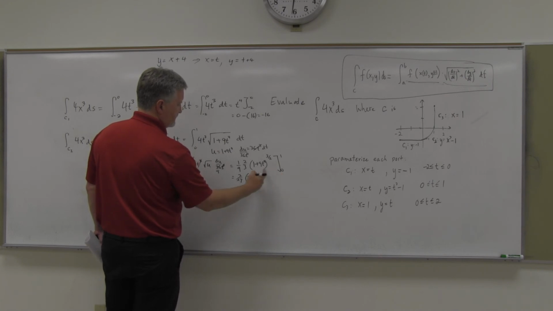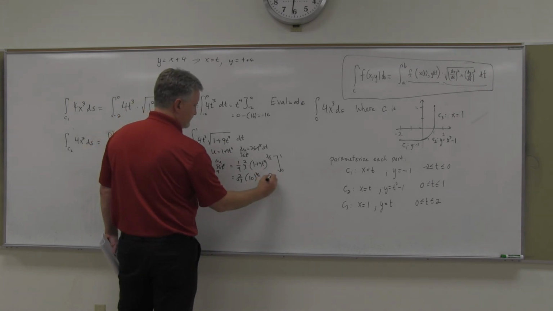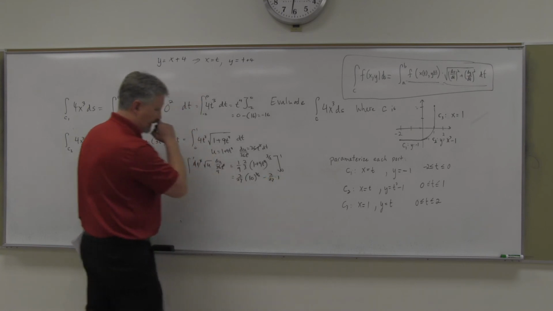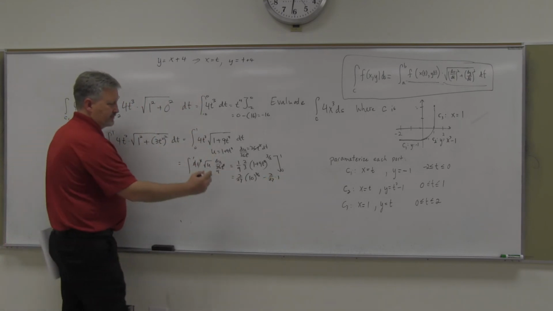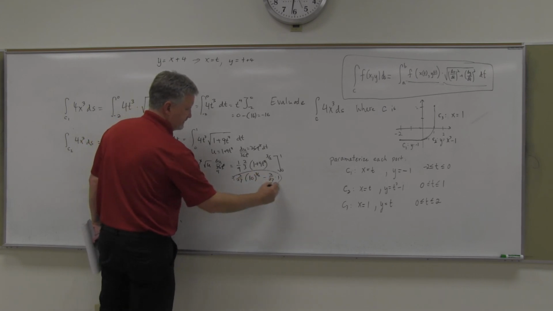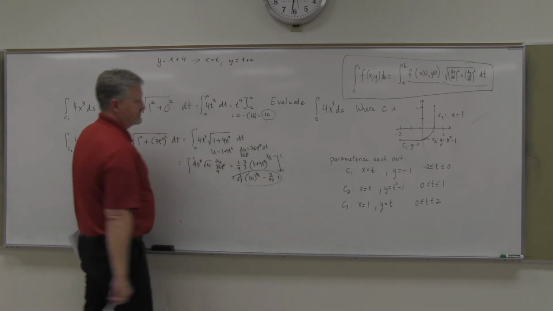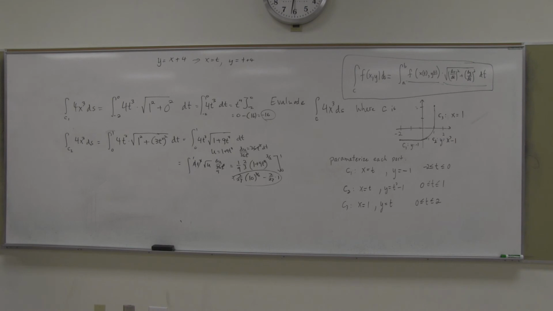Then unfortunately plug in the 0, don't get 0, we get 1. So unless you want to round it, the first one's negative 16, the second one's that mess.